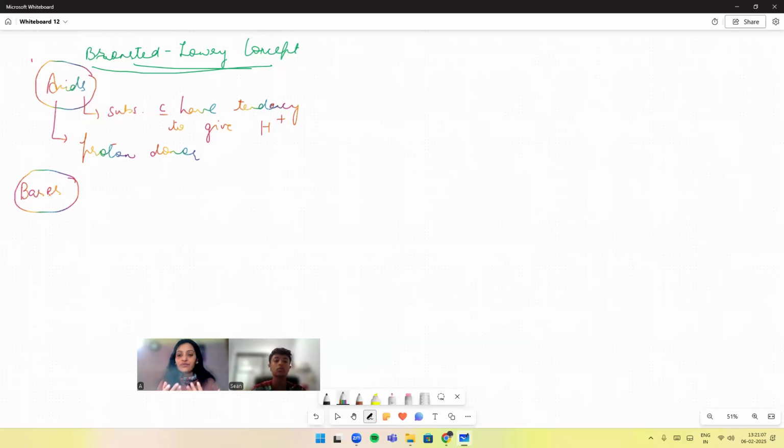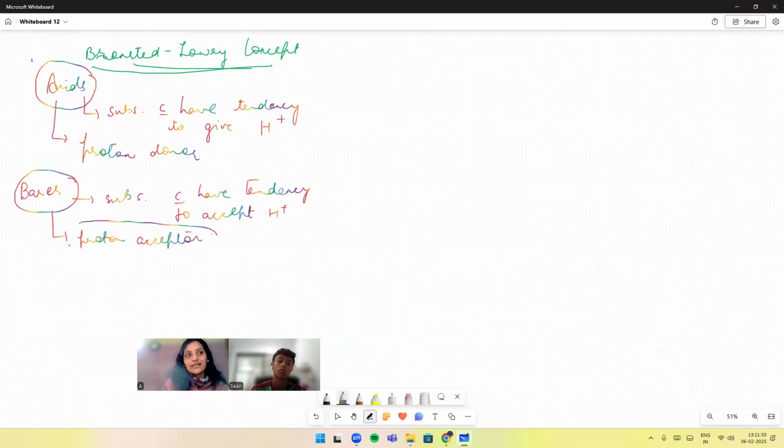They're going to take the proton with them. So they are basically substances which have a tendency to accept the hydrogen ions. They are actually the takers, right? So we call them proton acceptors. Is the concept clear?